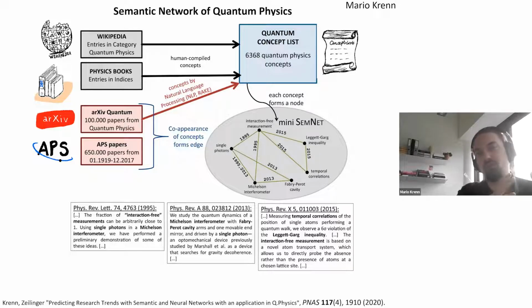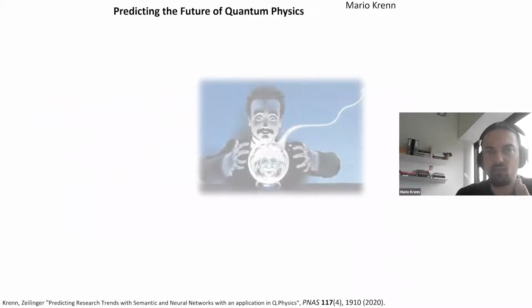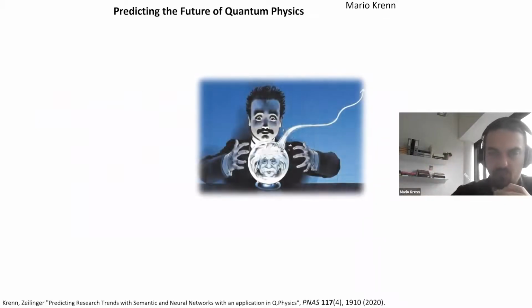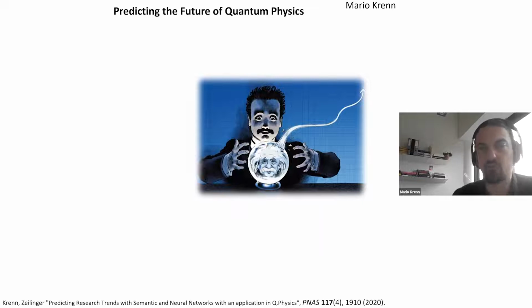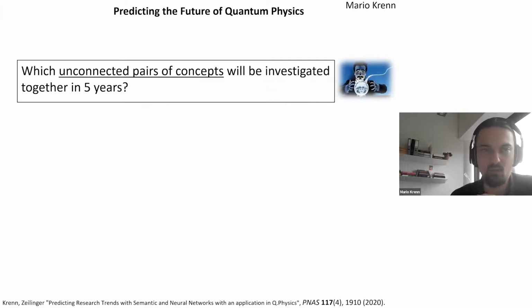So now, of course, when we have an evolving network of the past, we can ask whether it's actually possible to predict something about the future of quantum physics research.